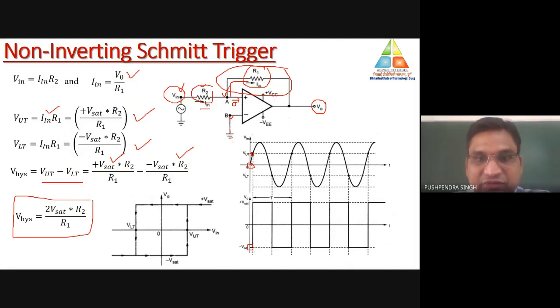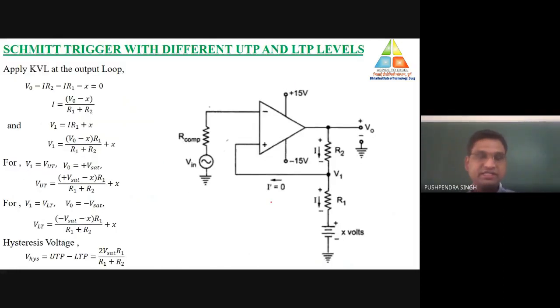And when the level of the input voltage is more than this upper triggering point, the output shifts from the minus saturation level to the positive saturation level. This kind of waveform rotates back and forth in between the upper triggering point and lower triggering point. So this is the waveform of the non-inverting Schmitt trigger circuit.